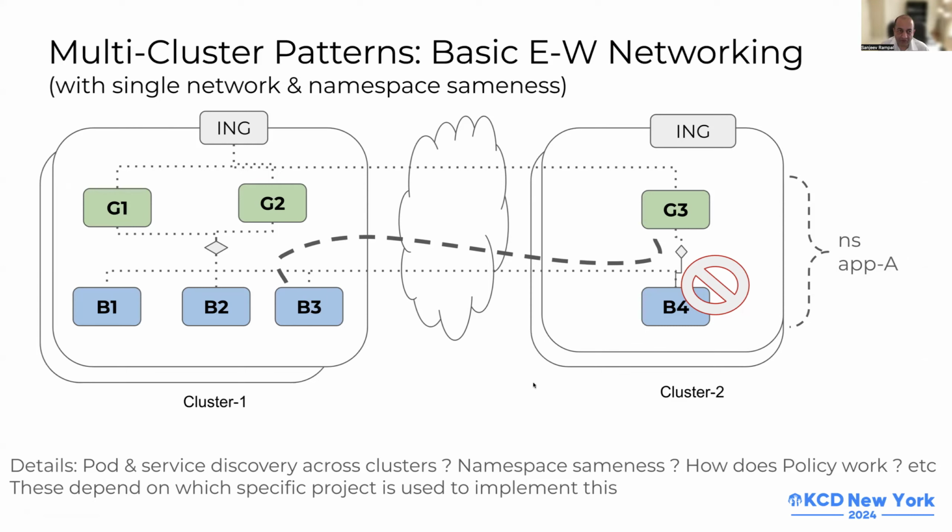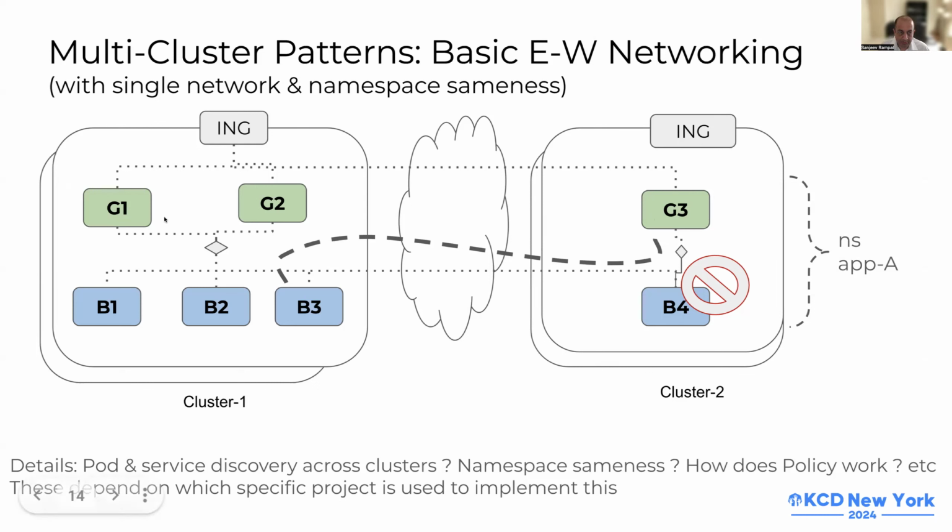So here we have an east-west topology where you have clusters 1 and 2. But in this case, it's not that the applications are fully duplicated across clusters. It is that each microservice has one or more replicas across clusters. And in some cases, there may be some other clusters in the group that may not have any replicas of a particular service at all.